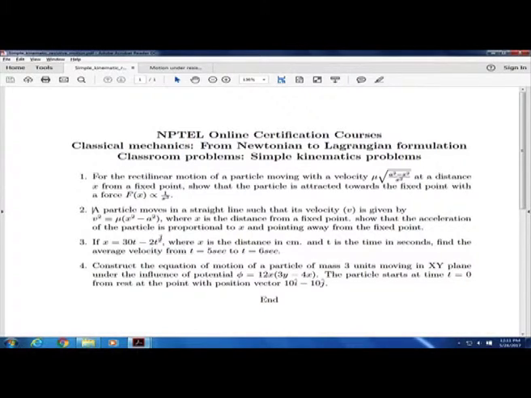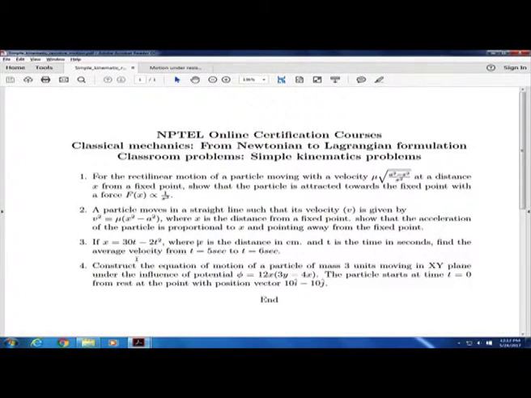That positive sign means the force is pointing away from the fixed point, unlike the previous problem which came with a negative sign. So, we are not doing it; I am leaving it to you to perform this problem, which is very much identical to the first problem.